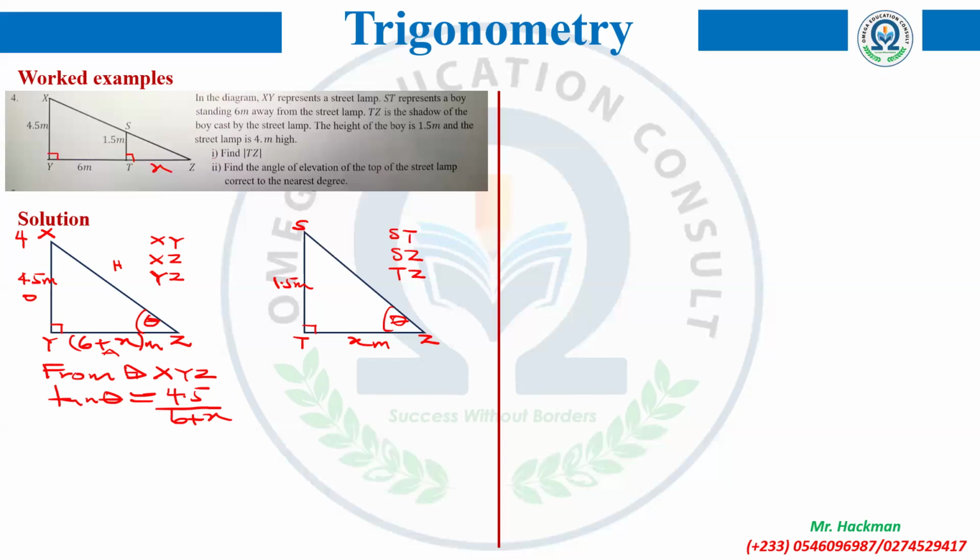No, it's a correct assumption; there is nothing wrong with that. You know that usually street lamps are vertical, and human beings too, when you are standing on the ground, you stand vertically.